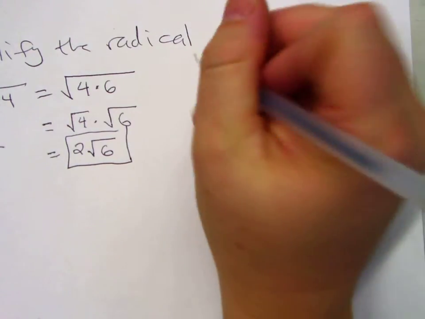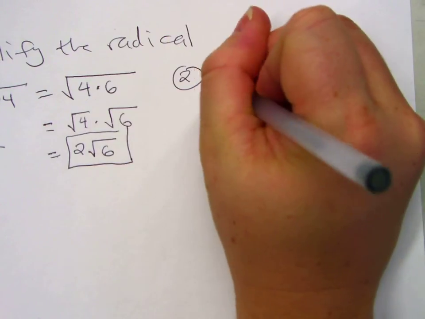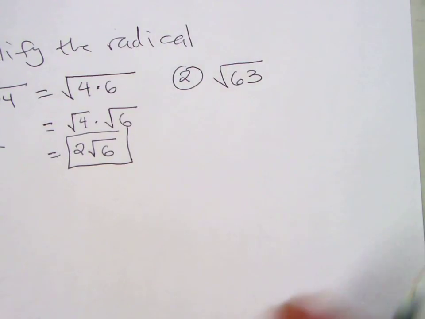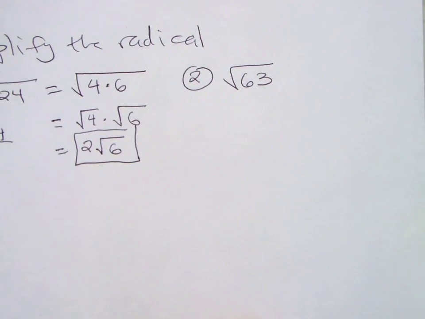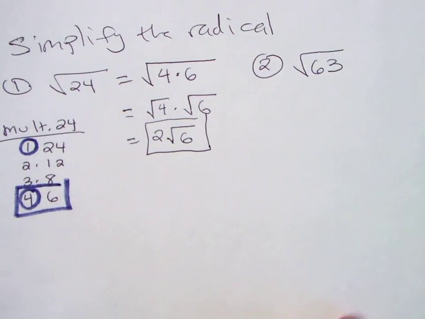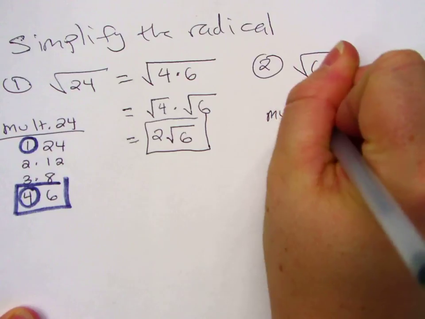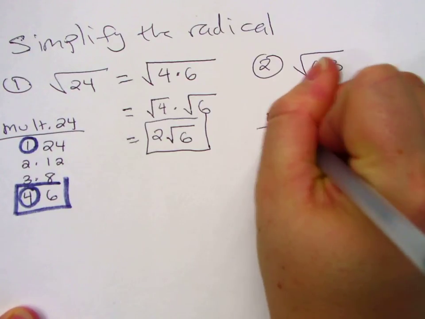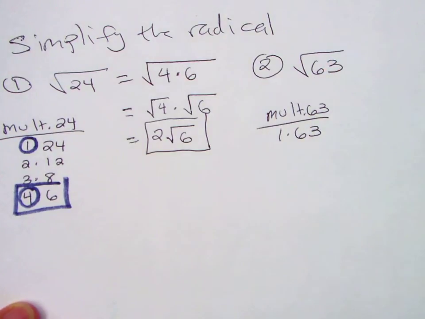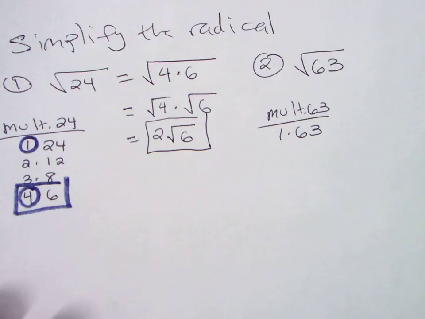All right, let's do another one. Radical 63. So, first step, write down all the numbers that multiply to 63. 1 times 63. Does 2 go into 63? No. 3?